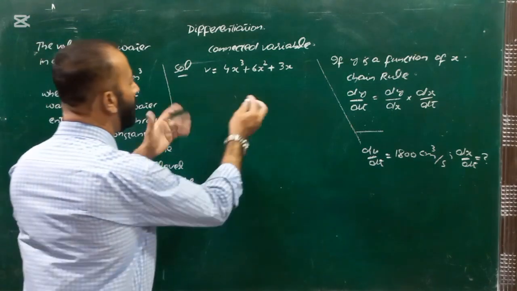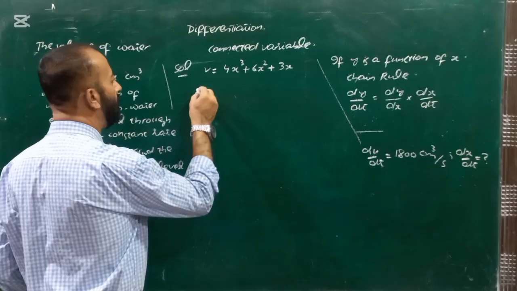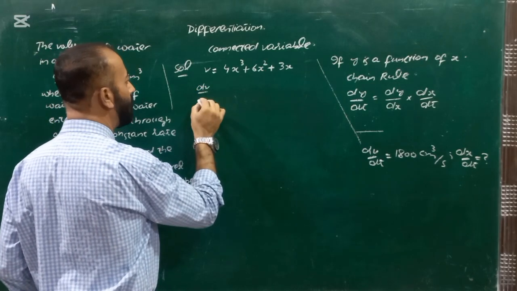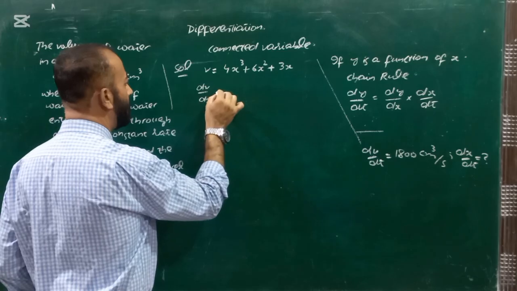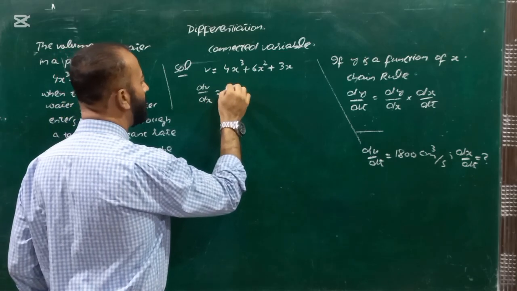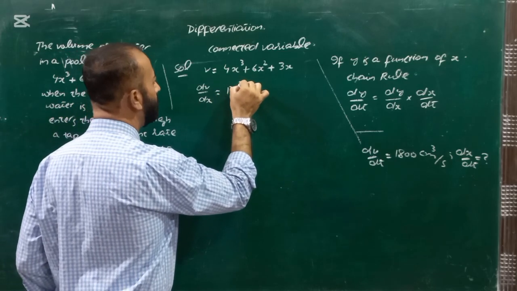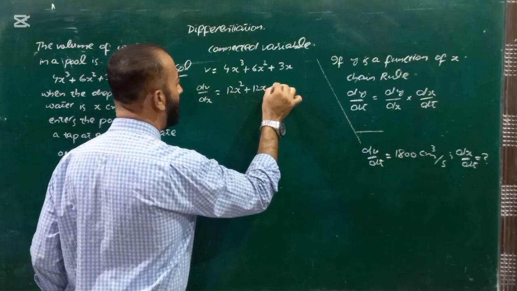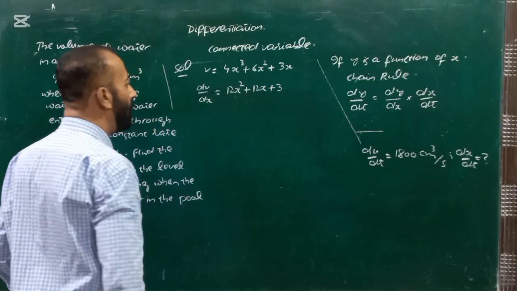First from here, we will differentiate the equation dV with respect to x. So look now, answer will be 12x square plus 12x plus 3.